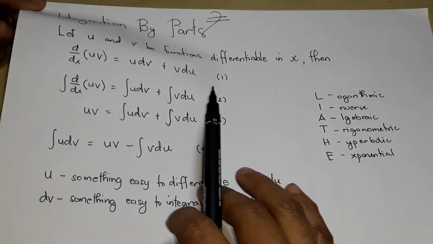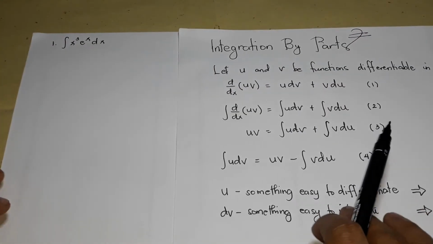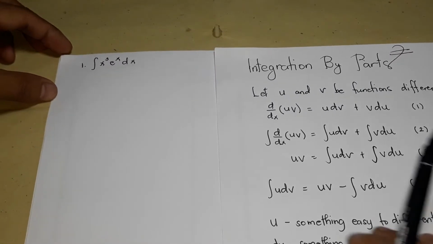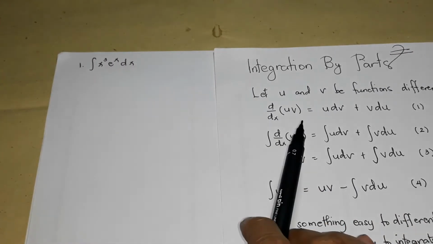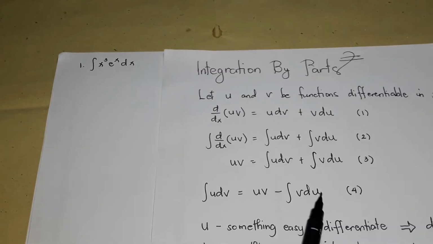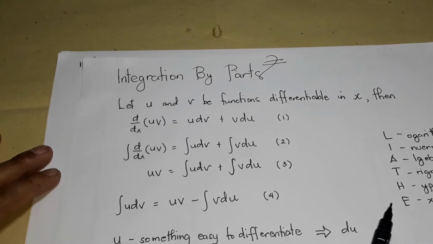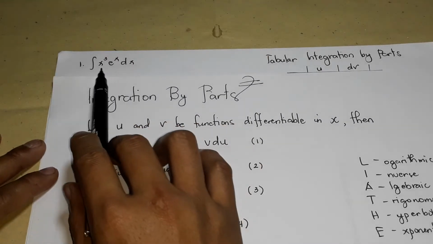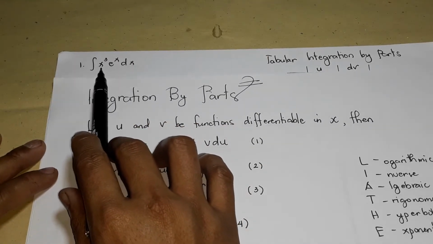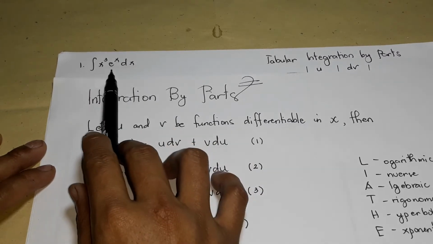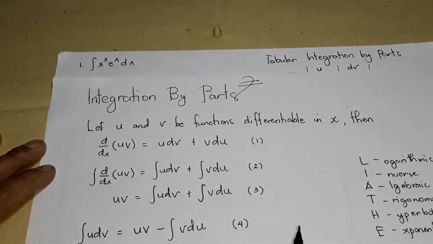So we have an example here. Say we wish to integrate the product of x cubed e to the x dx. From our acronym, we have e to the x times x cubed, where x cubed is an algebraic function and e to the x is an exponential function.